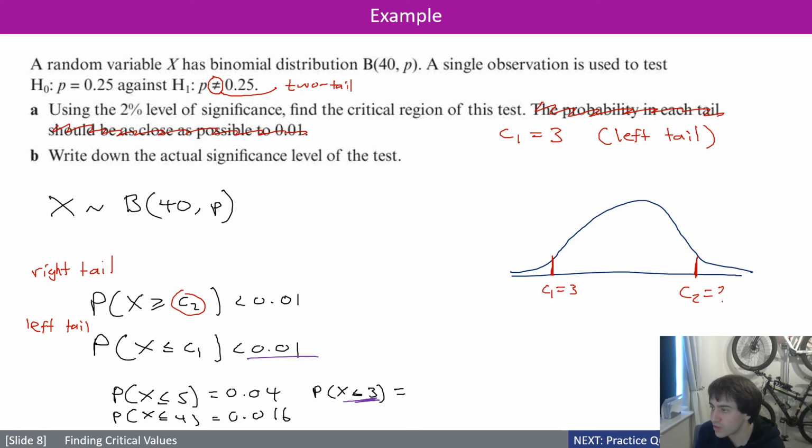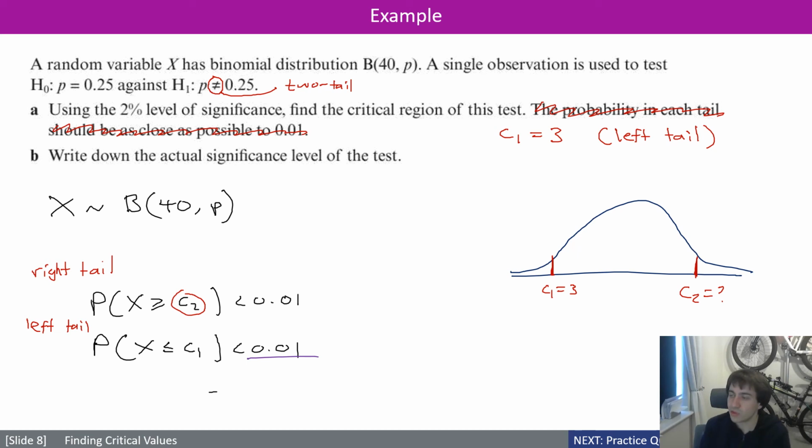So let me just remove this working, and we'll try and do that one. It'll be a little bit more tricky because we've got the greater than situation here. So what I would suggest is, before we start, because we're going to be doing trial and error, let's think about what would be reasonable.